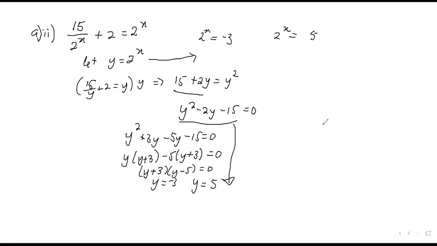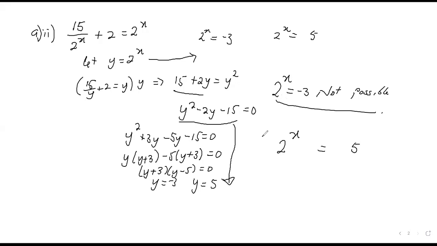After you solve the quadratic, we want to find the values of x. Now, 2 to the power x is equal to -3. This one is not possible. But the other one, 2 to the power x is equal to 5.